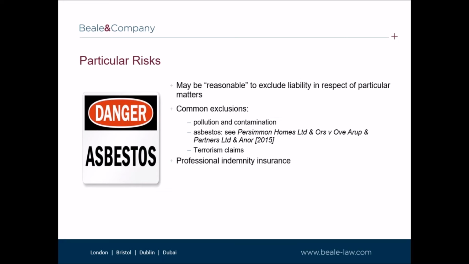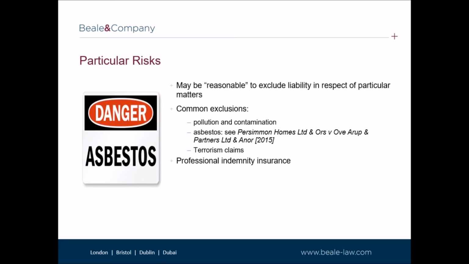Clause 6.3 of the 2009 contract, so the second contract, sought to limit Arup's liability in contract, tort, including negligence, breach of statutory duty or otherwise, for pollution and contamination to 5 million in the aggregate, and provided that liability for any claim in relation to asbestos is excluded.